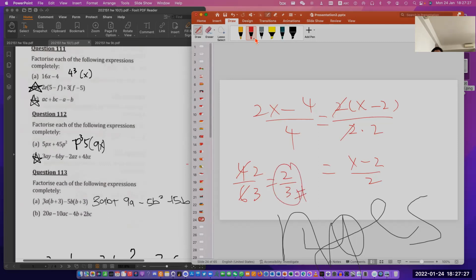So what you have done here, you are actually transforming the 4/6 without changing the value. You have been doing it, but of course nobody tells you, oh, I'm actually doing that. You have been transforming numbers without changing the value, and this is one very good example of it.